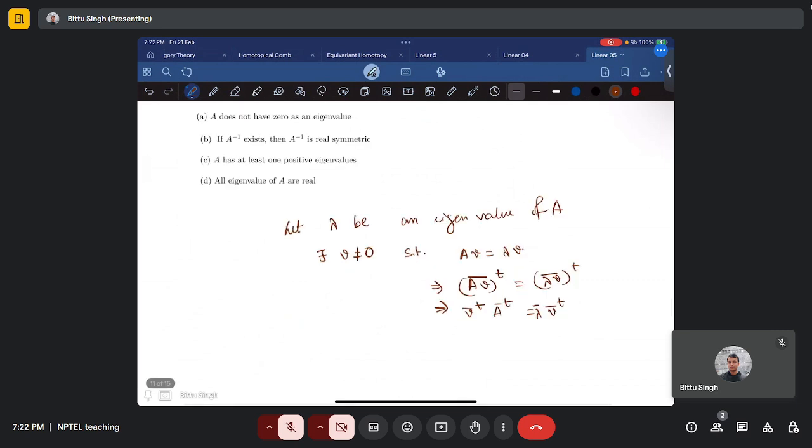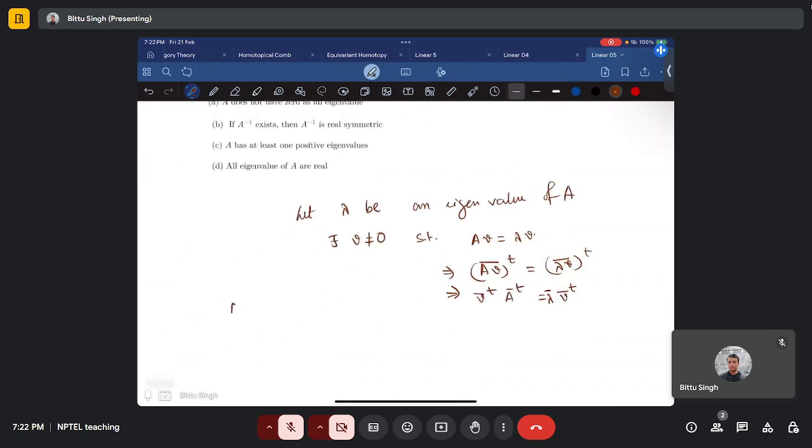But A is a real matrix, so A bar is the same as A. And also A is symmetric. Therefore, A bar transpose is the same as A transpose, but by symmetry A transpose is the same as A. So we obtain V bar transpose A is the same as lambda bar V bar transpose.